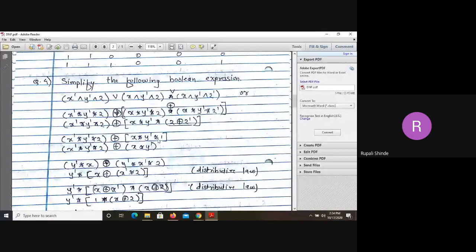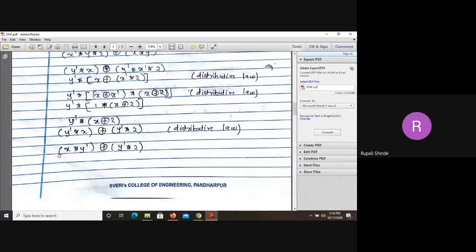Again this term into 1 means what? Again it will give you this term only, because this is multiplication. So if you multiply any variable into 1, you will get that variable only, like y into 1, y, x into 1, x, likewise. So here this is that simplified form.